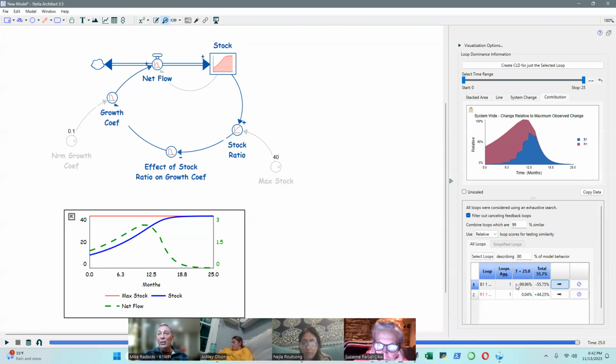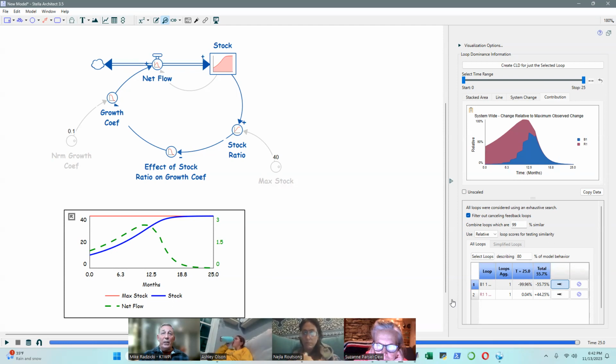And overall, it's 99.96 at the end. And overall, 55% was due to the negative loop, and 44% was due to the positive loop, right?